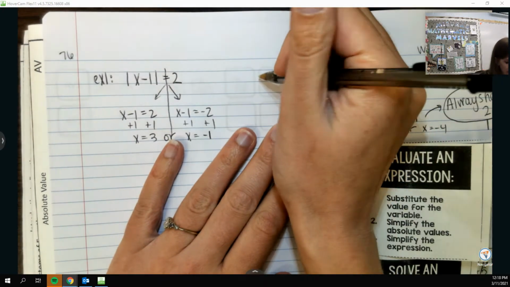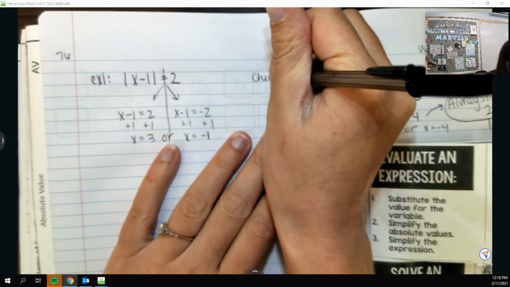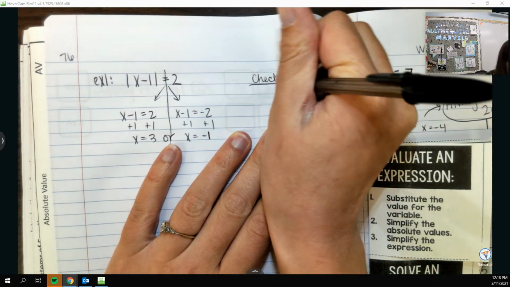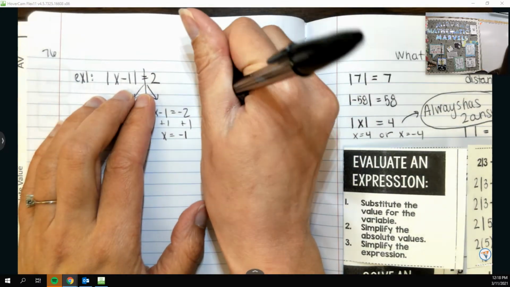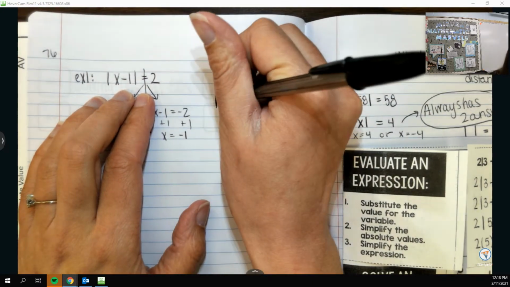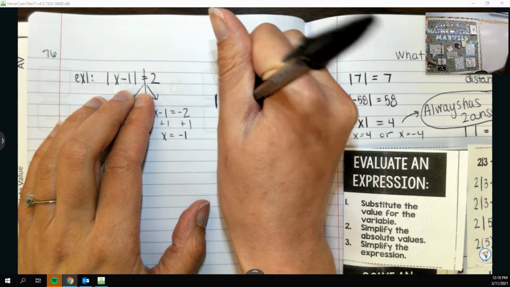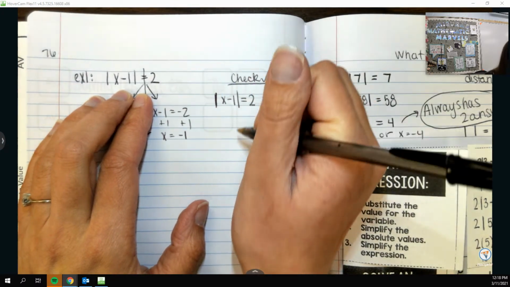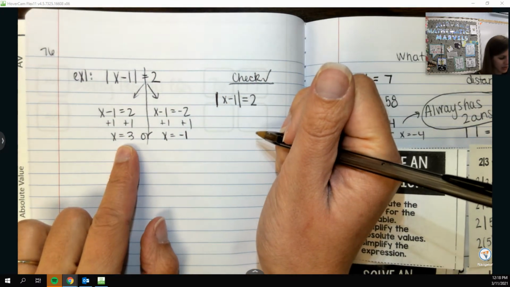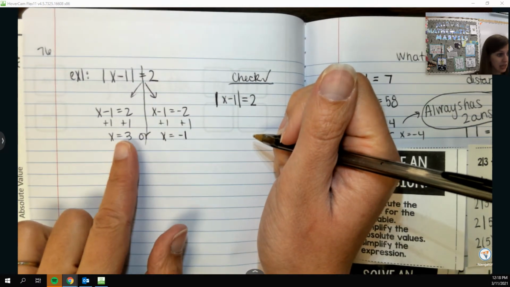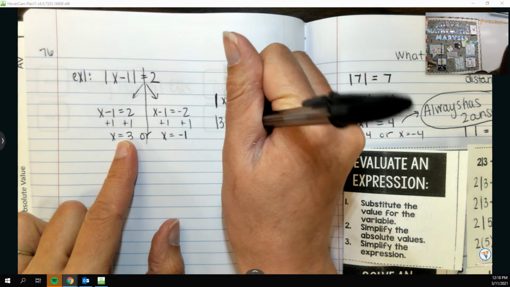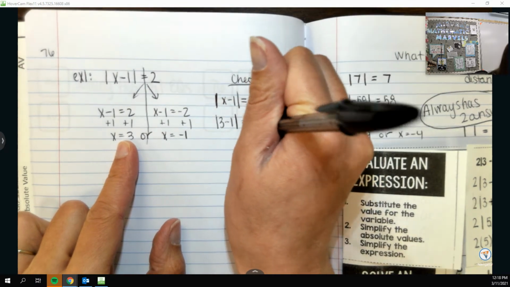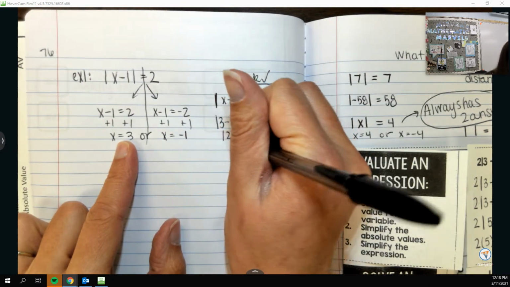Now, in our last video, something happened where we had no solution. So we want to get in the habit of always checking our answers. So the way you check your answer is you take your original equation, absolute value of x minus 1 equals 2, and we're going to put our answer in one at a time. So let's take the 3 first. If I do 3 minus 1 and then take the absolute value, is that 2?